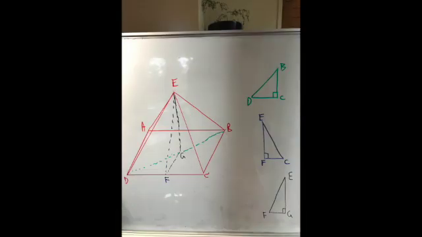So here we've got a square-based pyramid, and we can see that I've got three different right-angled triangles drawn from it. I've got my EFG and my BDC, both of those are drawn, and there's another one in the corner on that sloping face at the front, EFC.